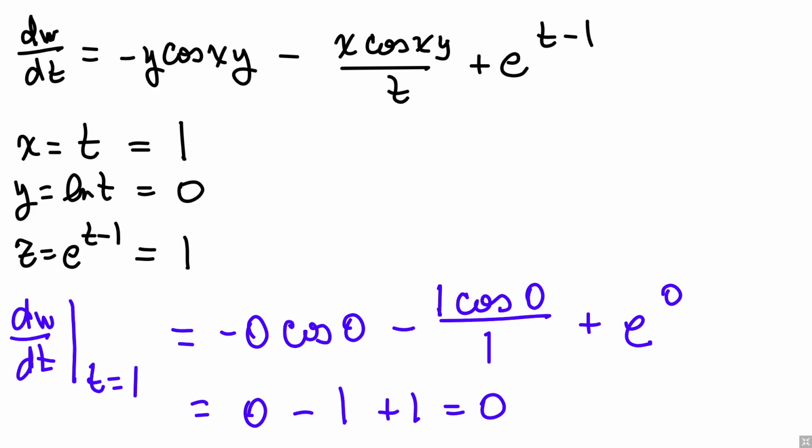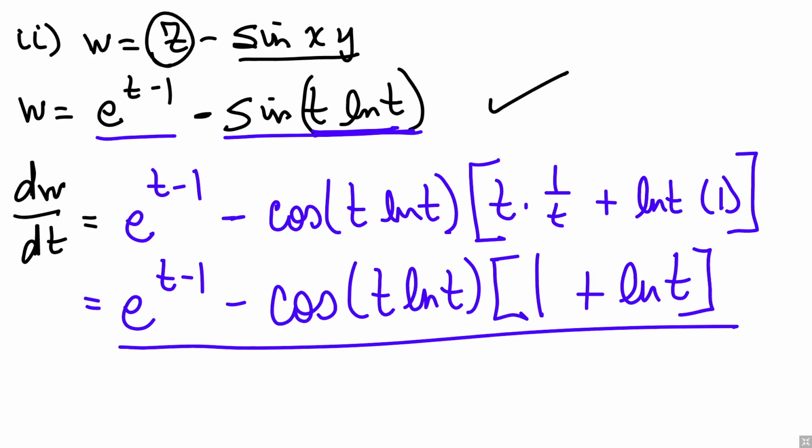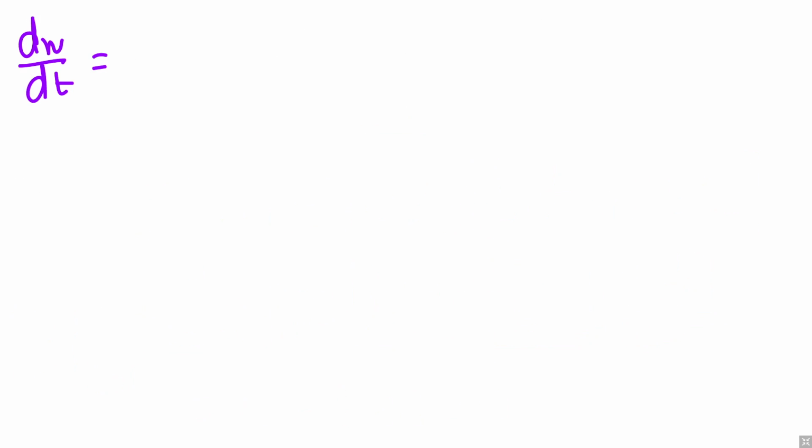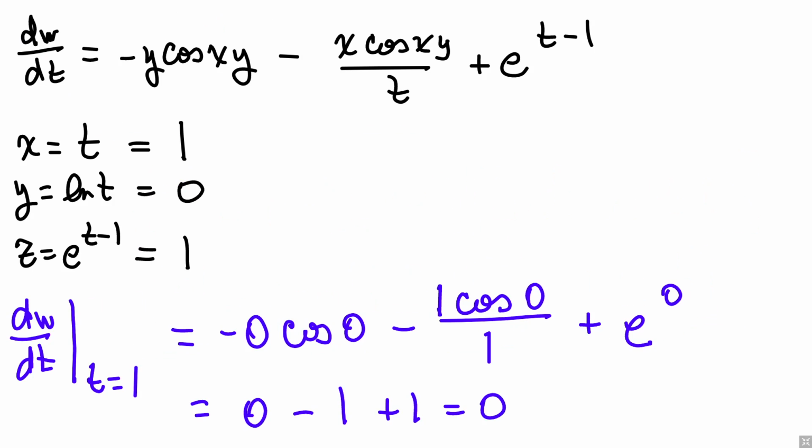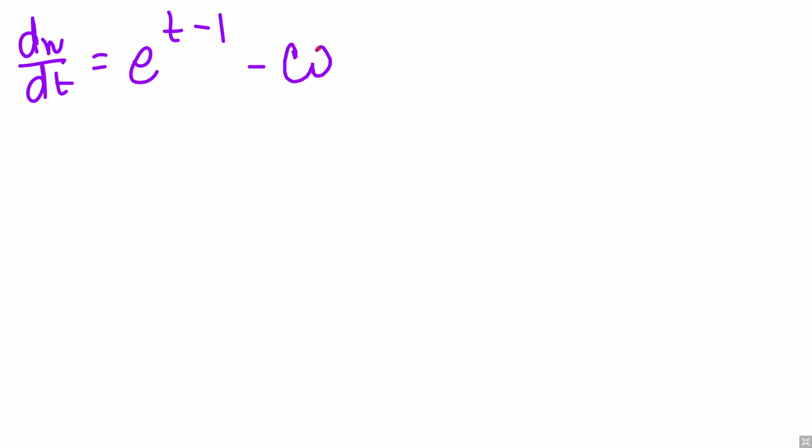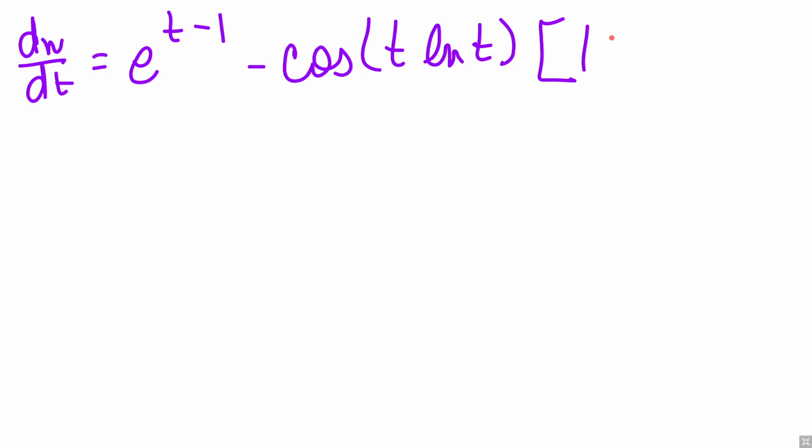Now, let's just check the other one to make sure that when I evaluate it at t equals 1, we still get 0. For the other one, when we did the derivative, we found it to be this expression here: e to the t minus 1 minus cosine of t times the natural log of t, multiplied by 1 plus the natural log of t.